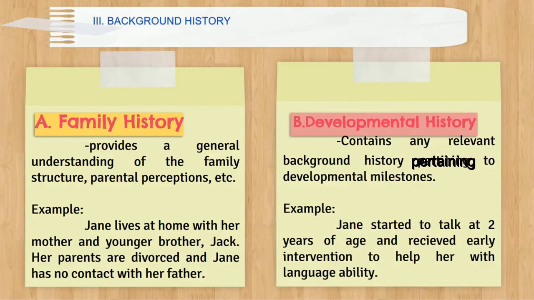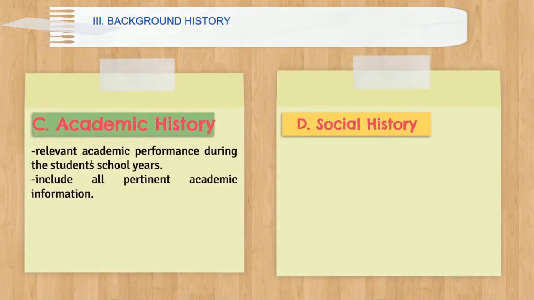The next part of the background history is the developmental history, and it contains any relevant background history pertaining to developmental milestones. For example, Jane started to talk at 2 years of age and received early intervention to help her with her language ability. Academic history includes relevant academic performance during the student's school years.